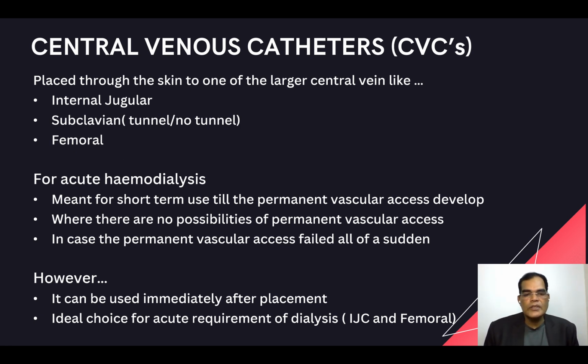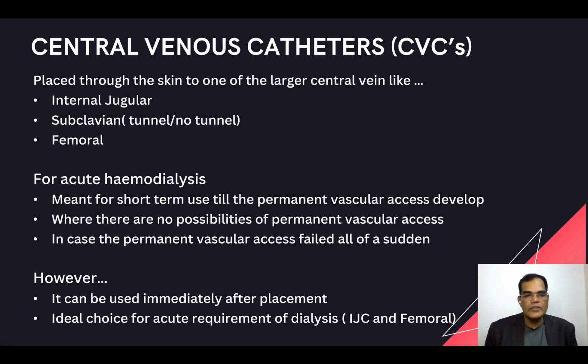In those cases, these patients may require a central venous catheter for a longer duration, sometimes weeks or months or years together, like the so-called permanent catheters. Then in case the permanent vascular access suddenly fails, they would require central venous catheters for a dialysis session in case of any untoward incident.